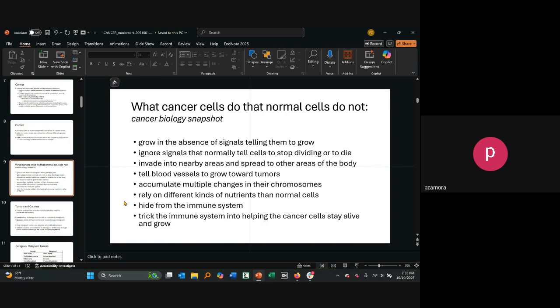One of the very important differences between normal cells and cancer cells is that cancer cells develop processes to hide from the immune system. They also trick the immune system into helping them stay alive and grow. What I'm trying to do is paint a picture of the fact that cancer cells are pretty tricky.